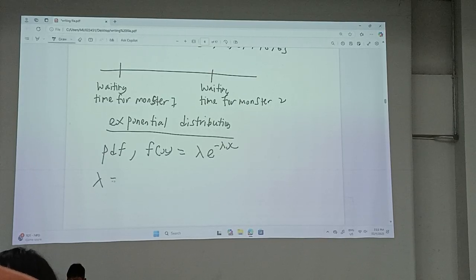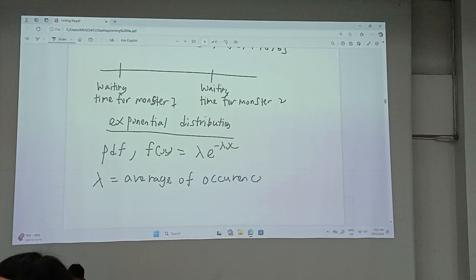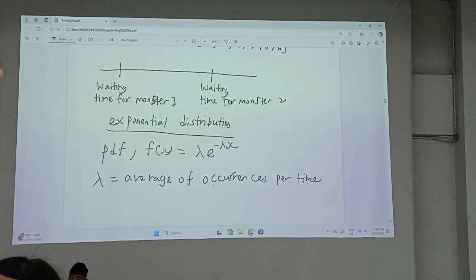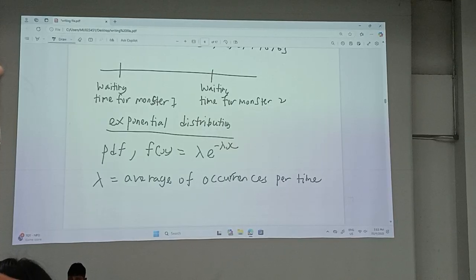So what is lambda? Lambda basically is an average of occurrences per time. For example, the average number of customers per minute.